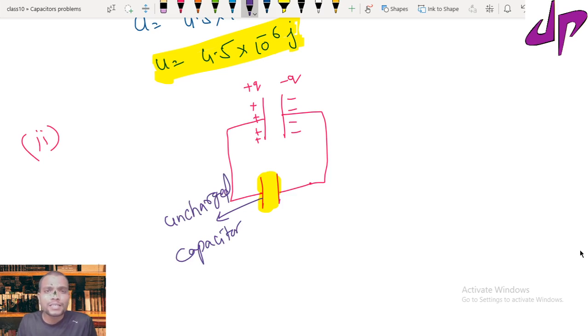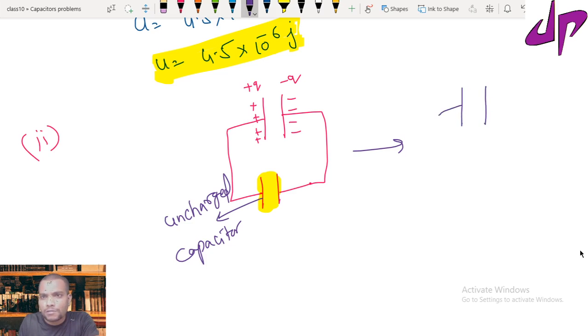When you connect a charged capacitor to an uncharged capacitor, what happens? Since it is uncharged, there are no charges in it. The tendency of the charges is that they move from higher potential to lower potential. Now this diagram will change.